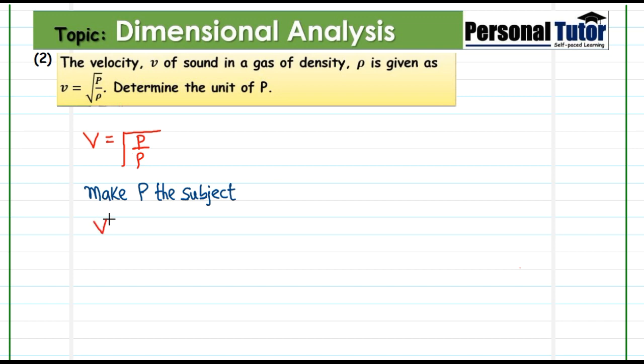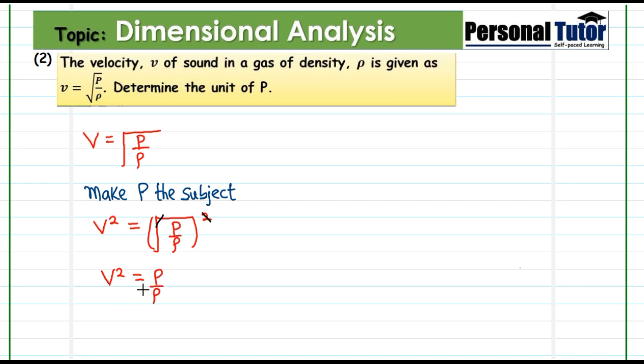And so that will be V square equals the square root of P over rho, also squared. This square will cancel the square root, and you're left with V square equals P over rho, the density.